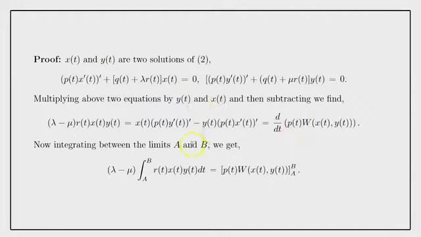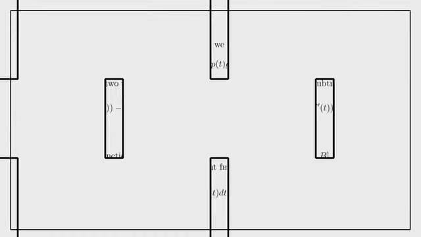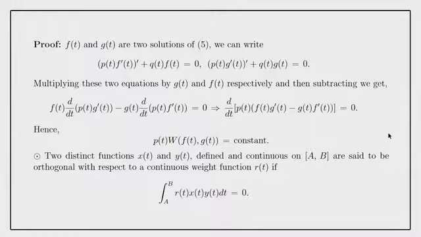When you look at this proof, you can see that in order to derive the result, ultimately we came down to this particular step where the integral involves this term r(t), and that is why this weight function is required in order to define the orthogonality of two functions. So when we define two functions as orthogonal to each other, we need to say that the integral from a to b of r(t) x(t) y(t) is equal to 0.